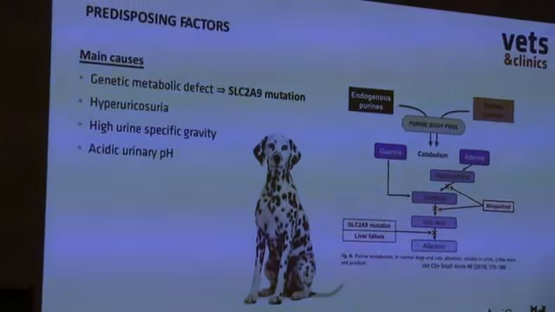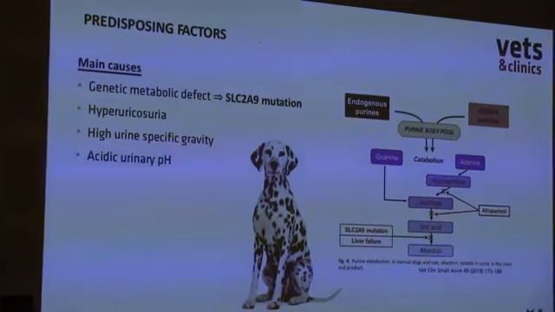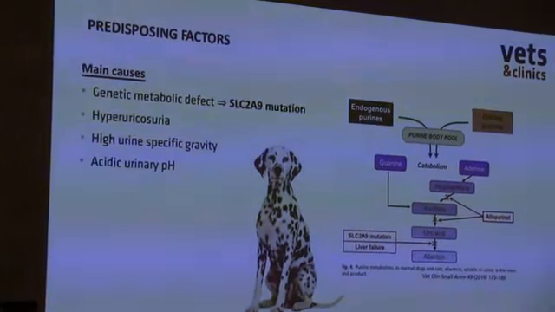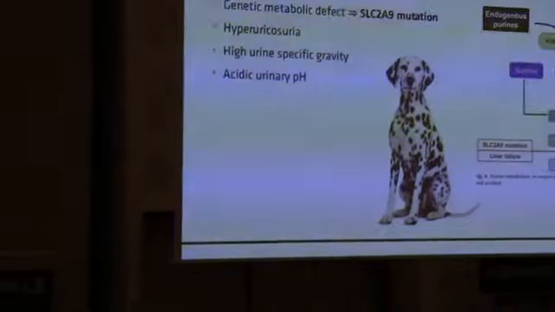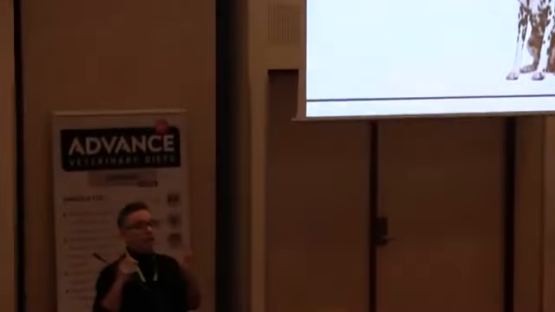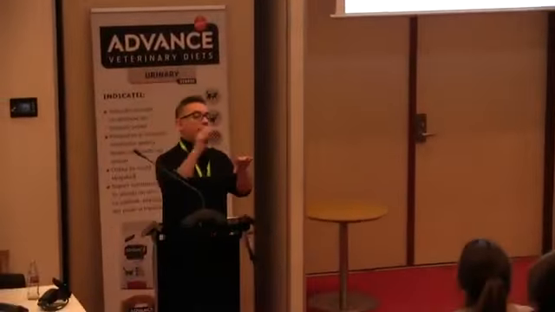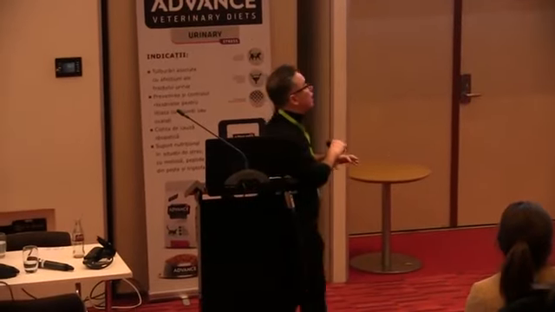This receptor allows uric acid to go inside the hepatocyte, but when you have the mutation, the uric acid cannot go inside the hepatocyte, and this uric acid is less soluble in the urine, so it starts to precipitate and produce the urate stone.